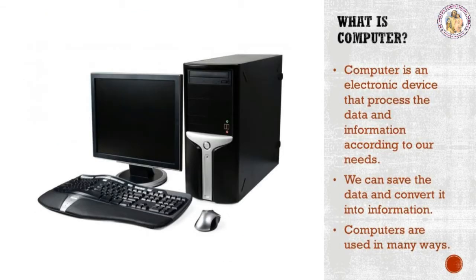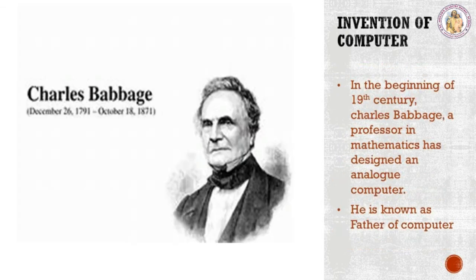So, what is a computer? A computer is an electronic device that processes data and information according to our needs. We can save the data and convert it into information. Computers are used in many ways. So, who invented the computer? In the beginning of the 19th century, Charles Babbage, a professor of mathematics, designed an analog computer.